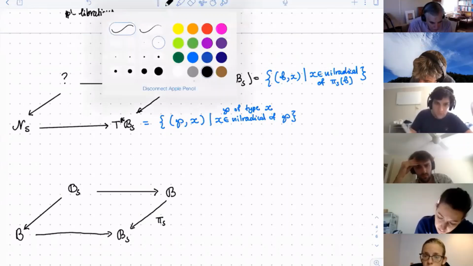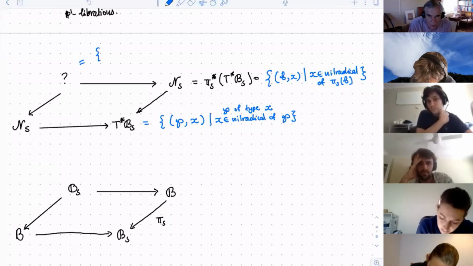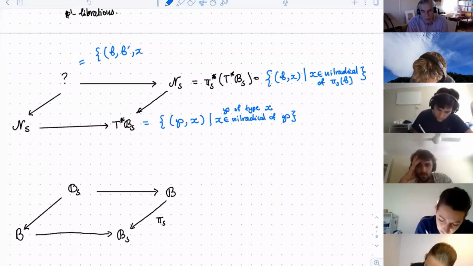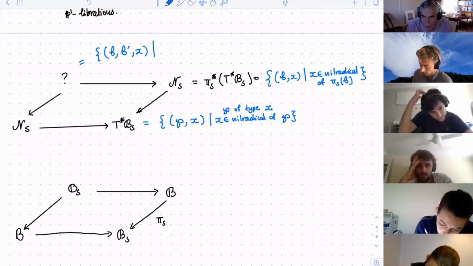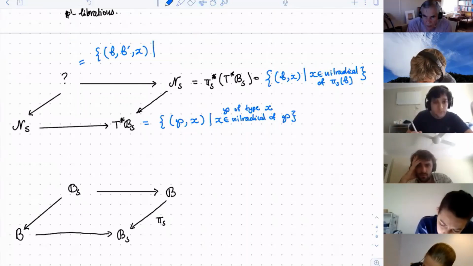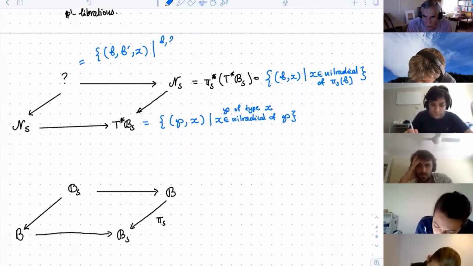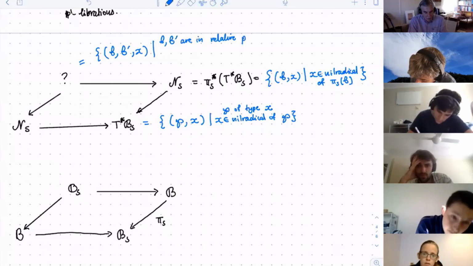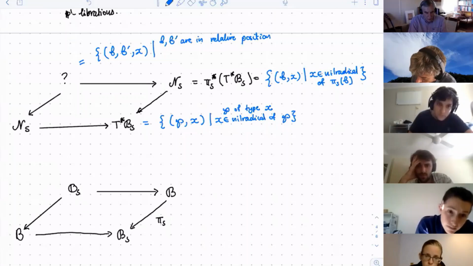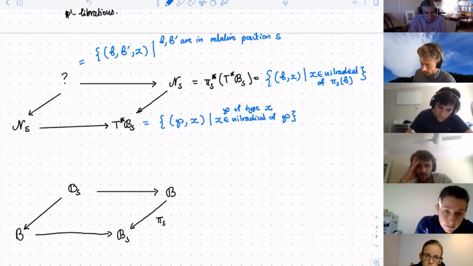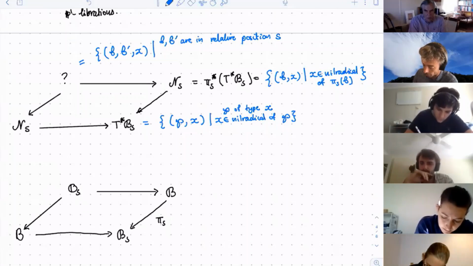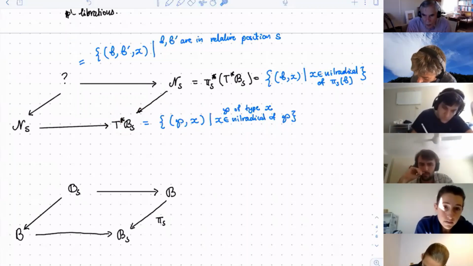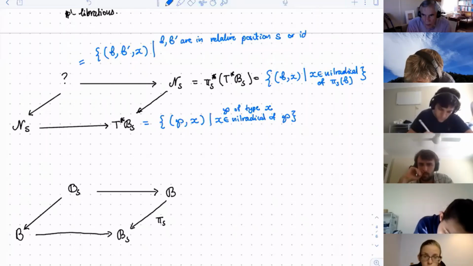So this is the set of pairs B, B prime, X, such that B and B prime are in relative position S. So that's saying that they project to the same parabolic subalgebra here, are in relative position S or identity.